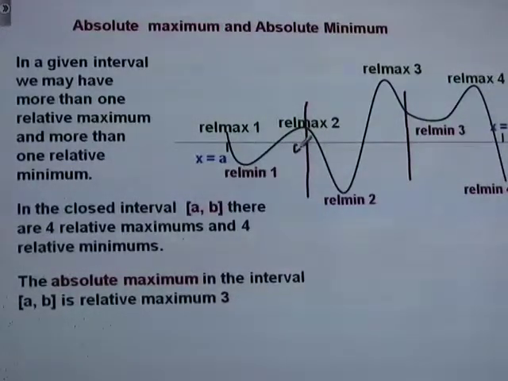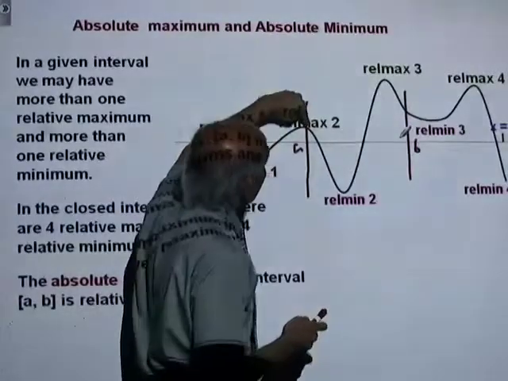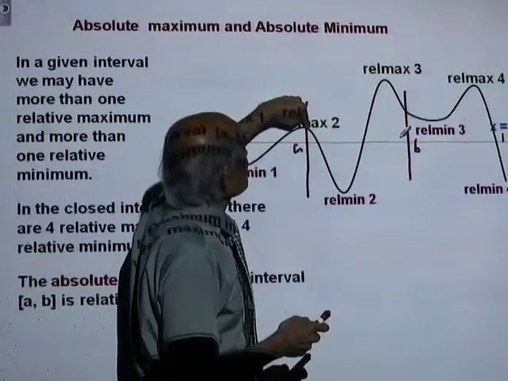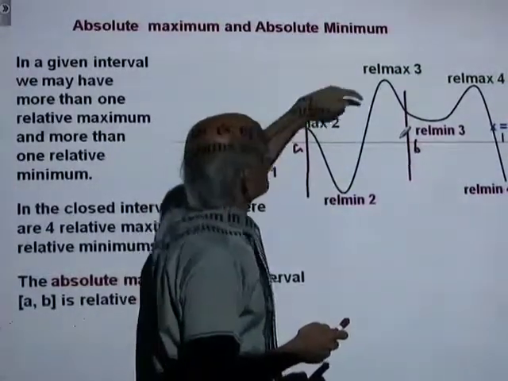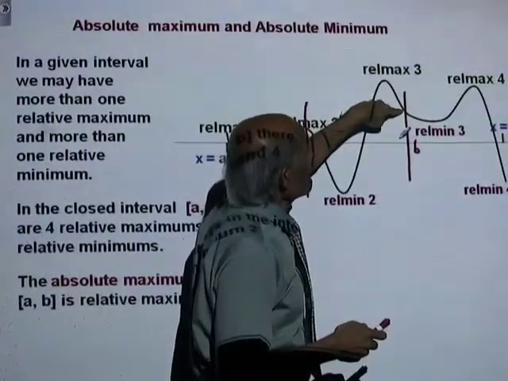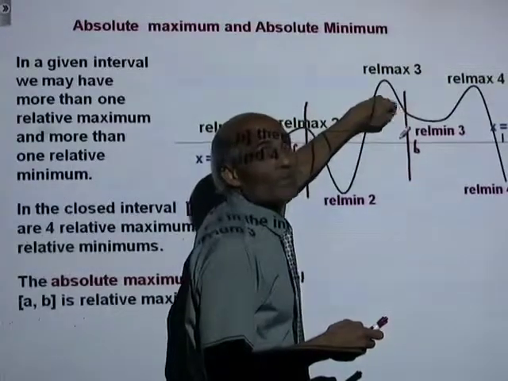That's your A, and that's your B. Now, on that interval, f of A is a relative maximum. There is a relative minimum here. There is a relative maximum there. And f of B is a relative minimum.